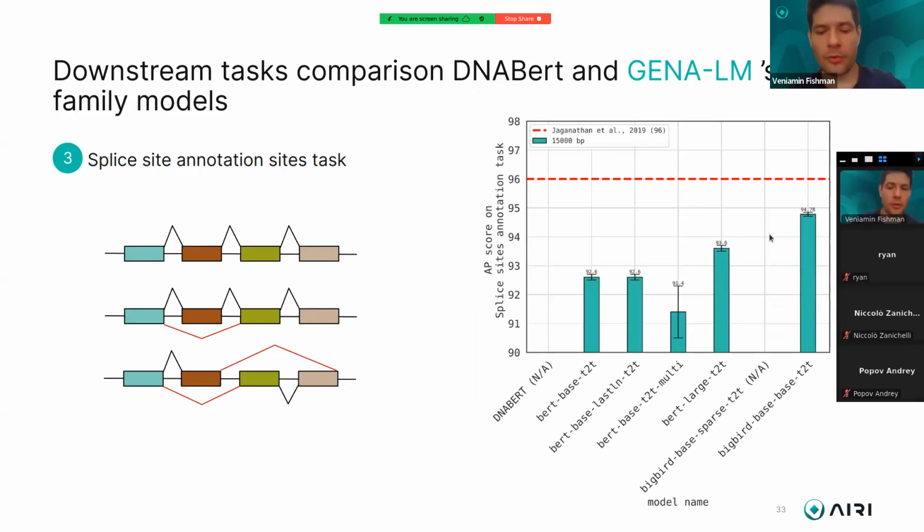And also, I would like to highlight some limitation of the GENA model, which is due to tokenization. Basically, for splice sites, in biological data you can go beyond the token level to individual nucleotides and specify the exact nucleotide position where the splice site occurs. But since GENA operates with tokens, we cannot do this.